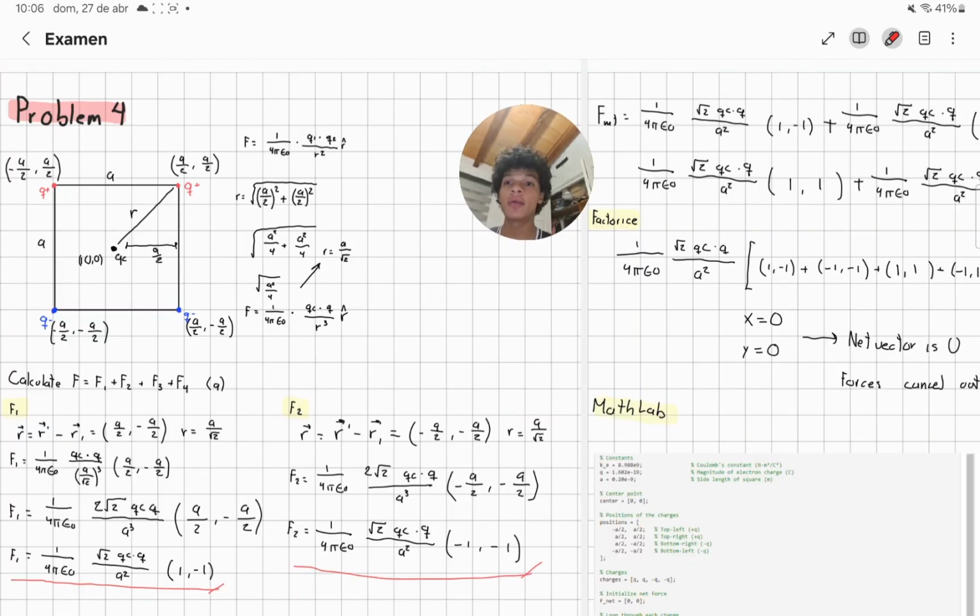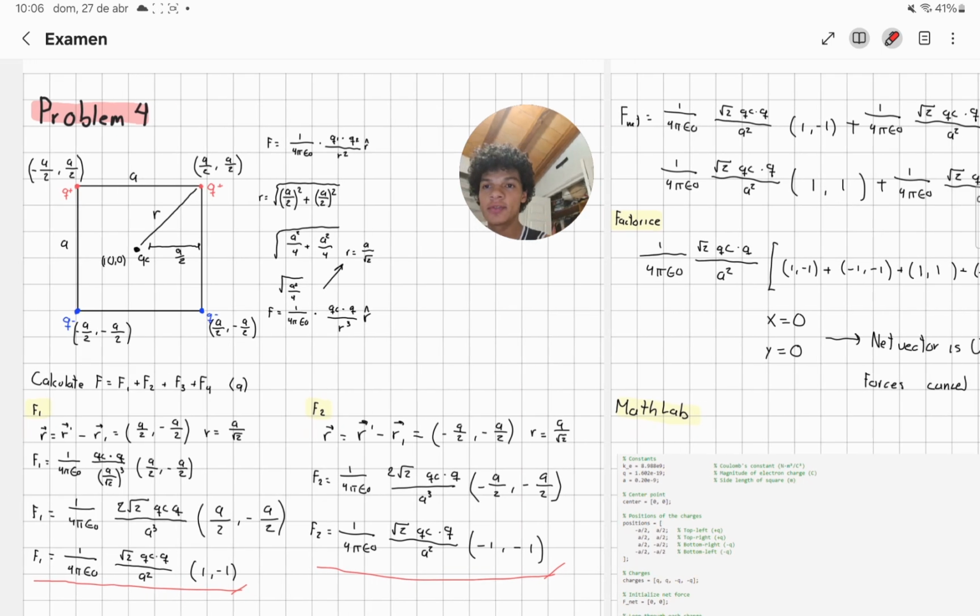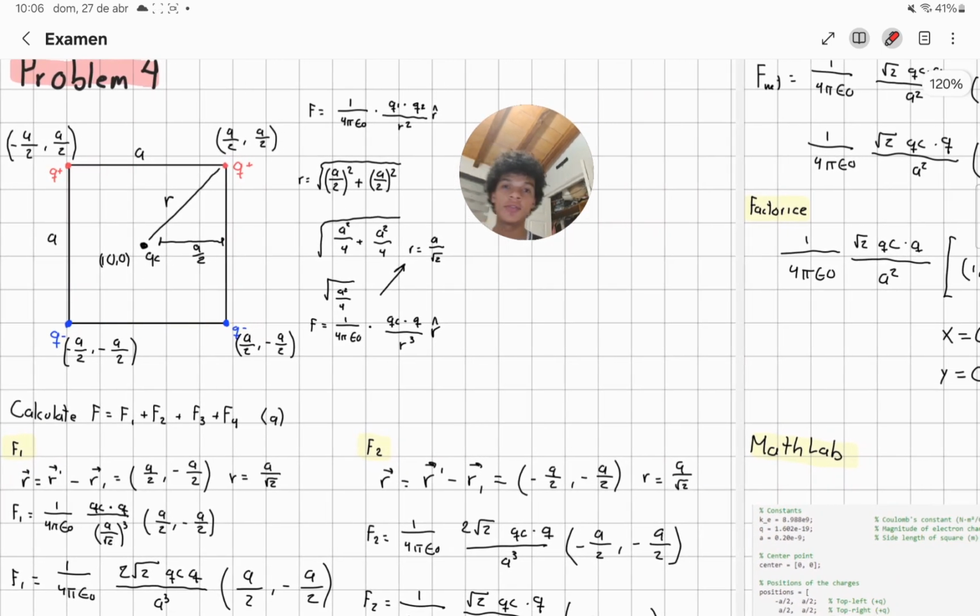For problem 4, we have to find the resultant vector that is in the middle of all these charges. So first of all, we have the measures of the square. That's basically a times a, a square. And first of all, we put the coordinates of each charge, and we use QC, meaning Q center, as the graph in 0, 0, 0.